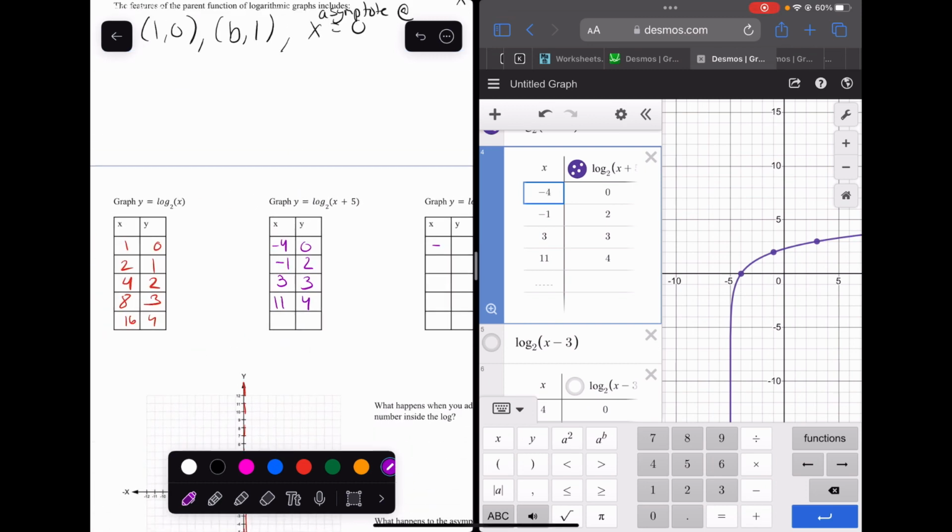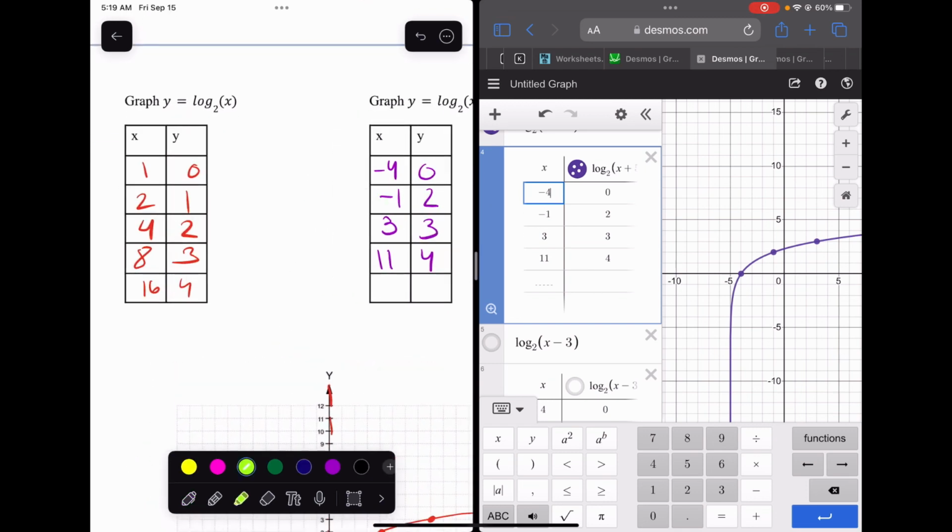So if we take a look here, you can see that these points, our 2, our 3, and our 4, and our 1 here, are still here. However, they kind of got shifted a little bit.